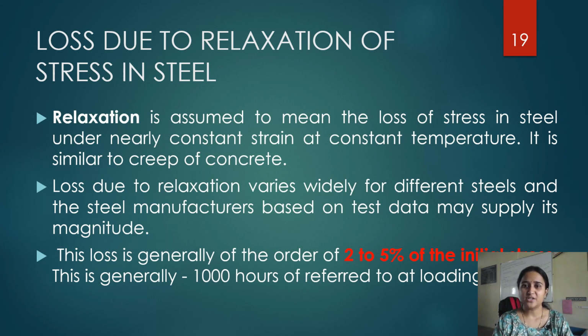Loss due to relaxation varies widely for different steels and steel manufacturers, based on the test data supplied by the manufacturer. This loss is generally of the order of 2% to 5% of the initial stress, generally referred to 1000 hours loading at 27 degrees Celsius.